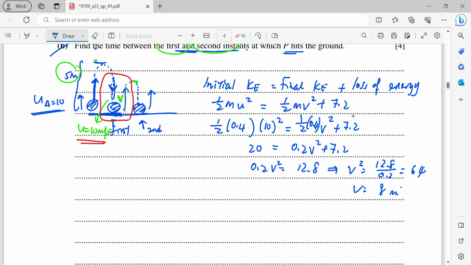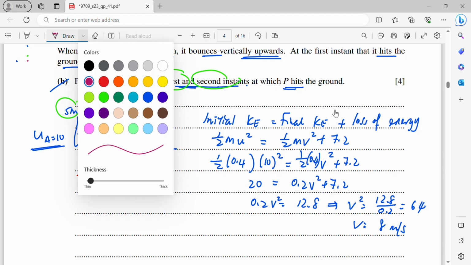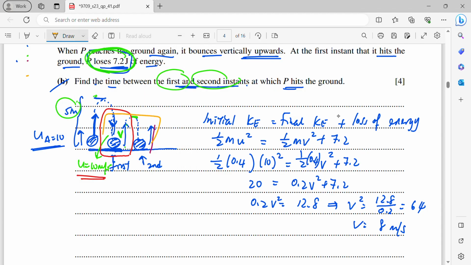So I know that it bounced back with 8 meters per second, no longer 10. Okay, so now I need to get the time between the first and second hits. So it means that it's over here. So when it hits the first time, it bounces. After that, it hits the second time.